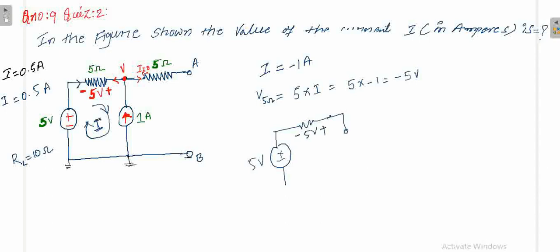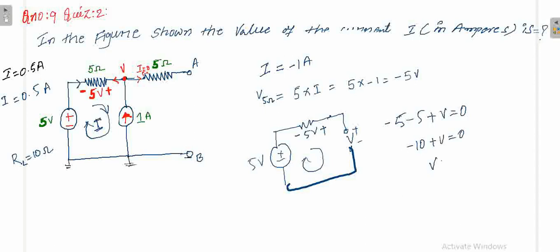Then what will be the voltage at this point? Apply KVL here. Some voltage V will appear. So minus 5 plus V equal to 0, then minus 10 plus V equal to 0, then V equal to 10 volts.